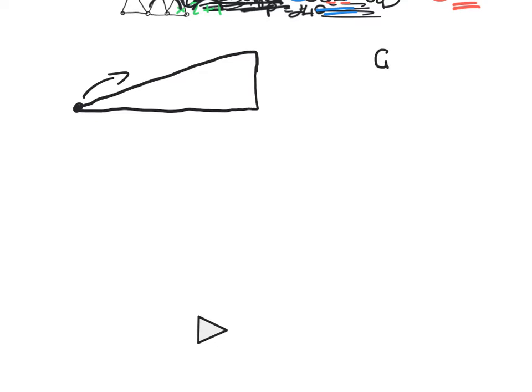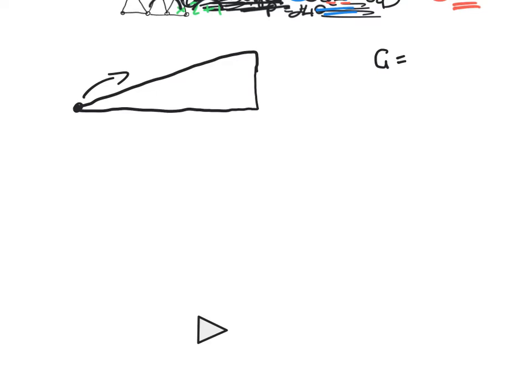A travelator in a supermarket. Looks like so. It carries customers from the bottom to the top to enter the supermarket. Now the gradient is what we're going to measure here.